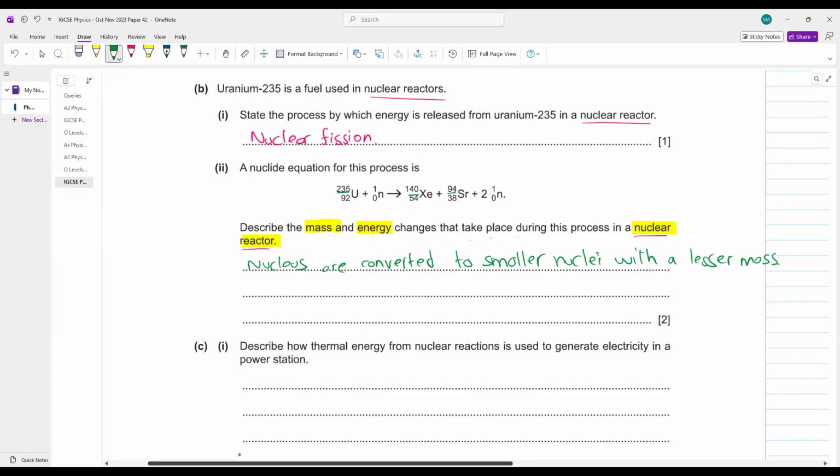Nuclei are converted to smaller nuclei with a lesser mass. You can say this difference in mass causes a release of energy, just energy is fine.